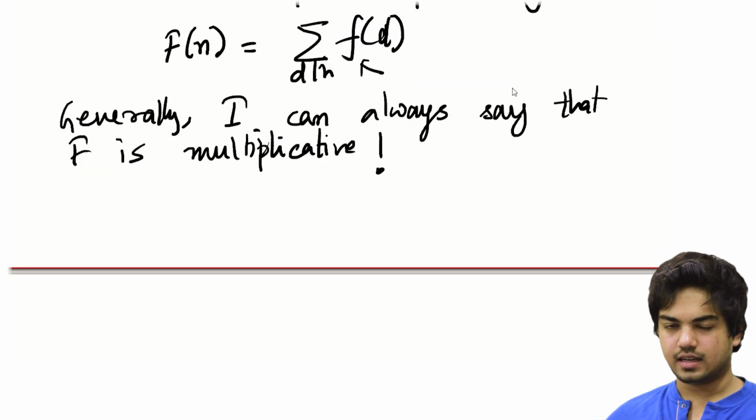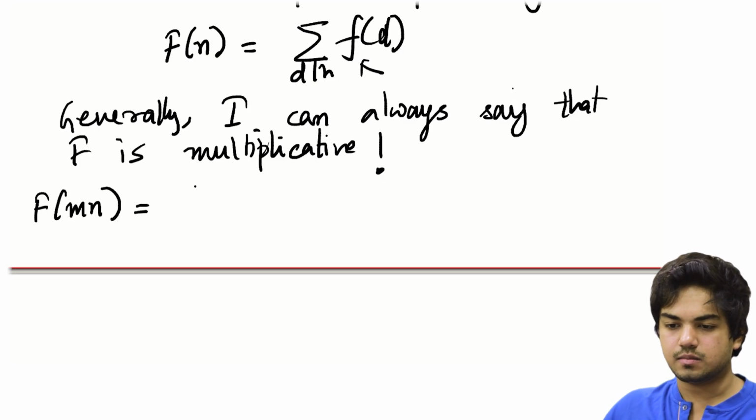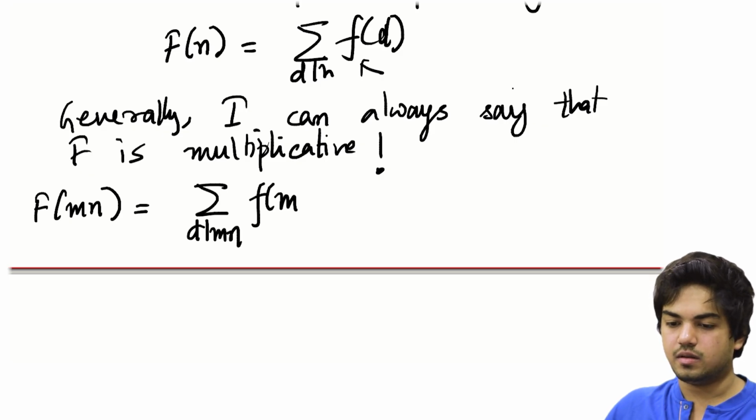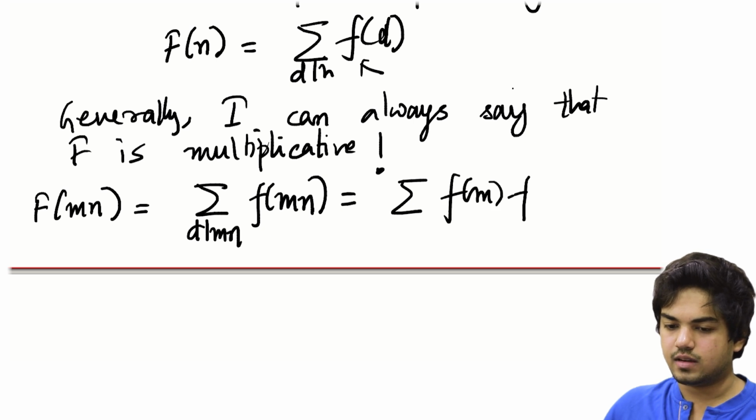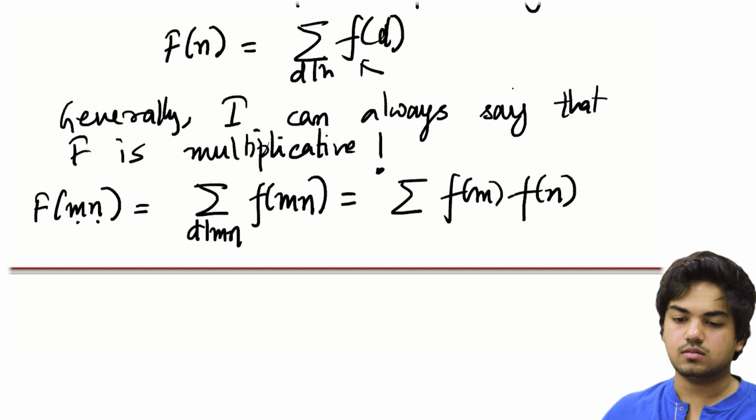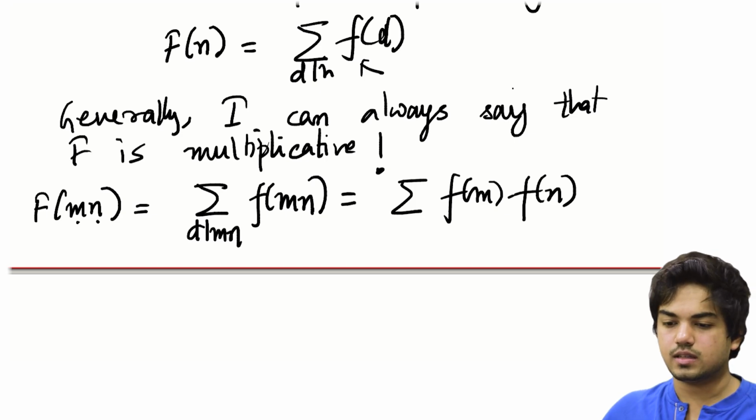I won't get into an exact proof. I will only give an outline. The point is that if m and n are coprime, and if I want to talk about this guy, F of mn, this is nothing but the sum over d dividing mn of f of d. But since f was multiplicative, this is f of m times f of n. Since I start with m and n that are coprime to each other, right? That's the premise of multiplicativity.